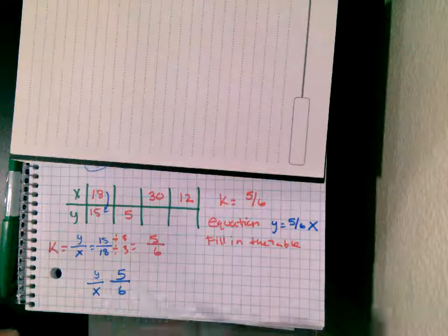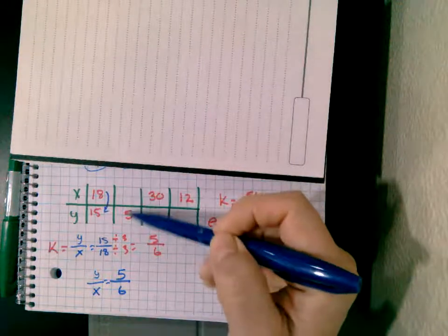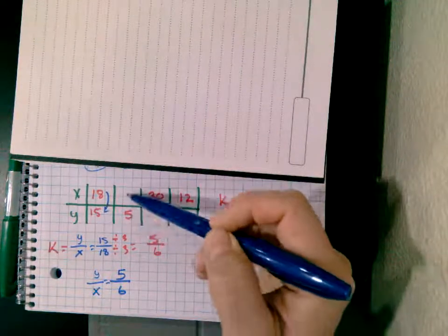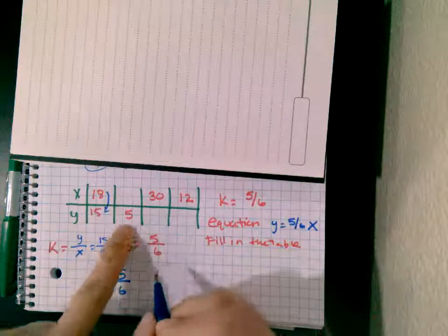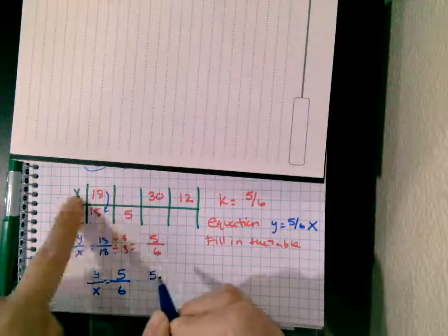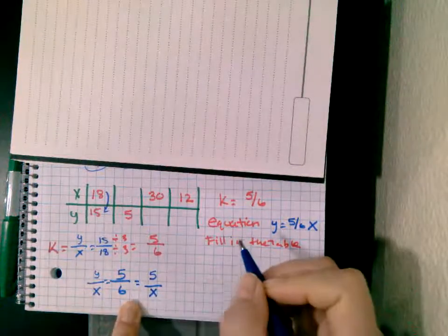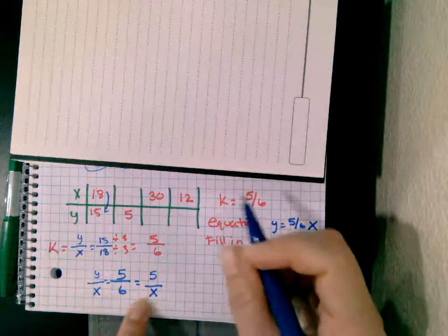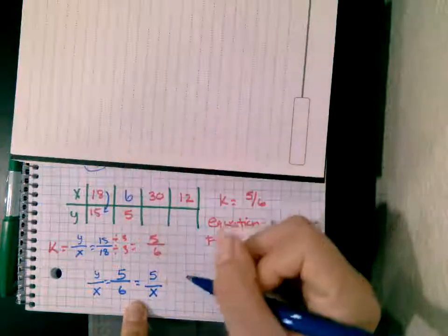Using your unit rate, your constant of proportionality. Okay. So let's do this one. I'm missing the x, right? I have the y. So the y is 5 and the x is missing. So what is the x equal to in this problem? 6, right?